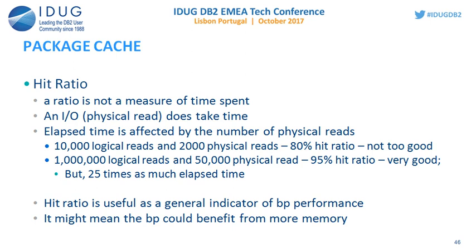But my other access path has 1 million logical reads and 50,000 physical reads. That's a 95% hit ratio, which is much better. But it's going to take 25 times as much elapsed time, because it's 25 times as many physical reads. So hit ratio is a good indicator of buffer pool performance in general, maybe it's too small and so on, but not for identifying problem statements.